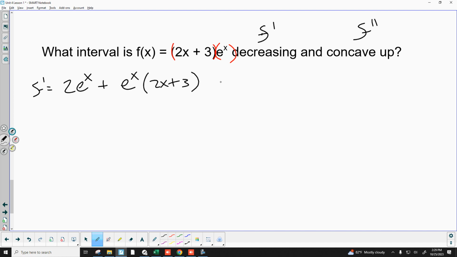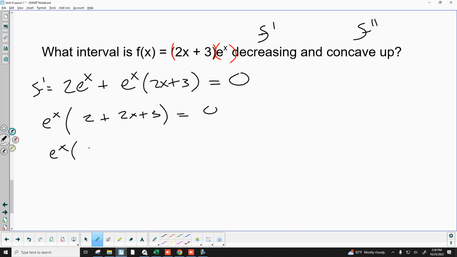I need to somehow set that equal to 0. Don't copy down. You should be able to do that. Now, I factor out an e to the x, and pay attention to what I get. I get a 2 plus 2x plus 3 is left over from the term on the right.